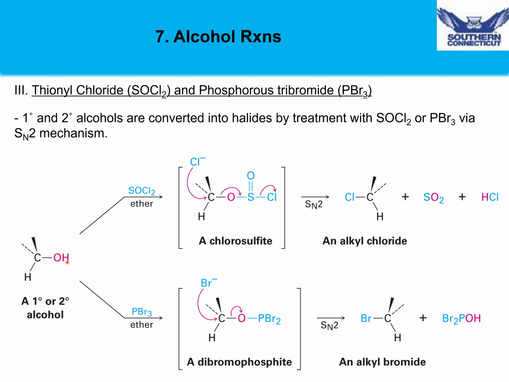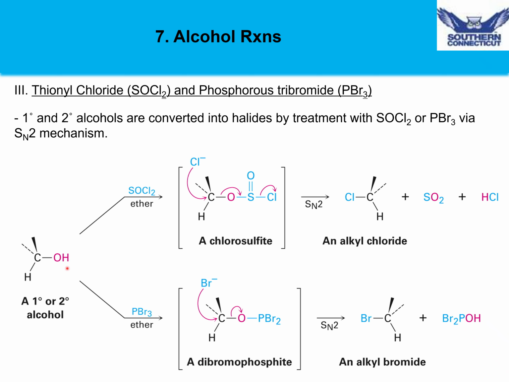So as an example, if we have a secondary alcohol and we add thionyl chloride, that would lead to forming a chlorosulfite, and then a halogen, the chloride, which is actually eliminated in this first step from the thionyl chloride, would come in and attack the carbon that is attached to the chlorosulfite and eliminate it to form an alkyl chloride. This is an SN2 reaction, so there will be an inversion of stereochemistry at the carbon where the alcohol used to be.